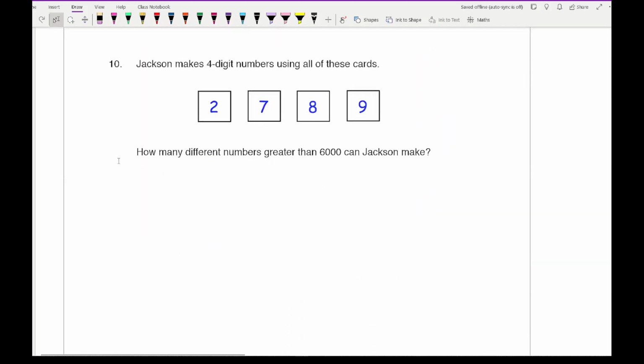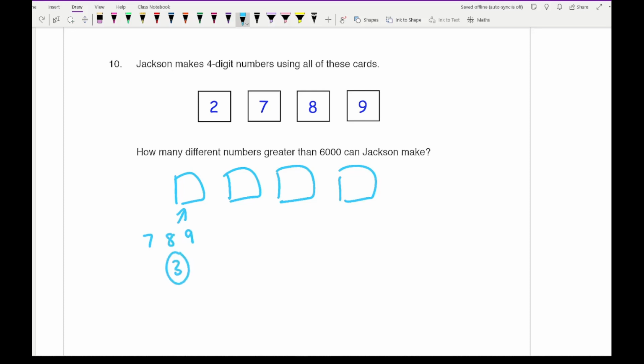For question 10, it says that Jackson makes a 4-digit number using all of these cards. How many numbers are greater than 6,000? So for a number to be greater than 6,000, the first number must start with a 7, 8, or 9. So there's 3 possible options.